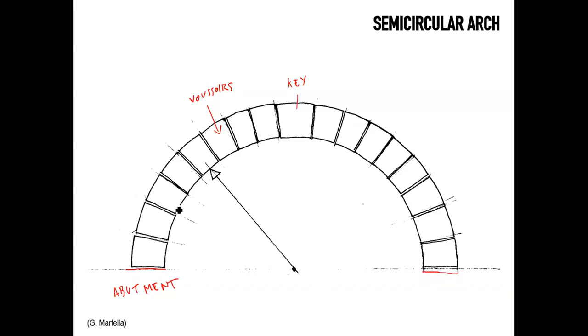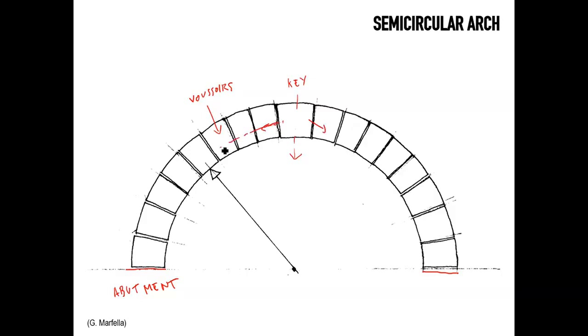Now, an arch works with a very simple but also very delicate principle. It works only in compression. In other words, it works on the assumption that each one of these voussoirs is not able to slip and is transferring its load progressively. It's obviously subject to gravity, but it transfers the gravity laterally to all the voussoirs.